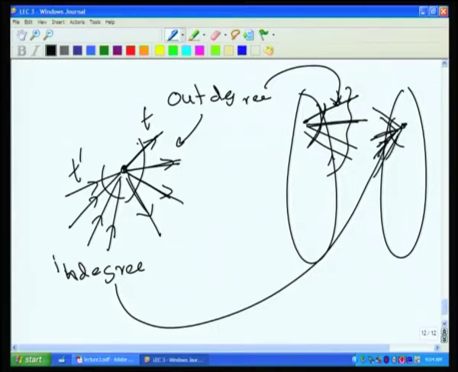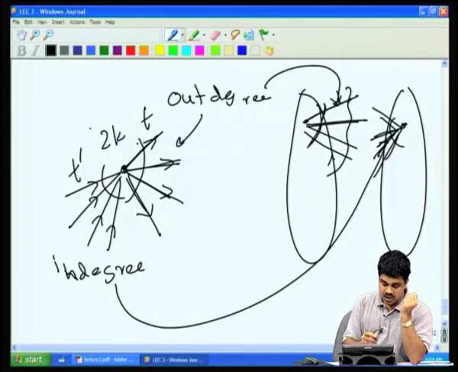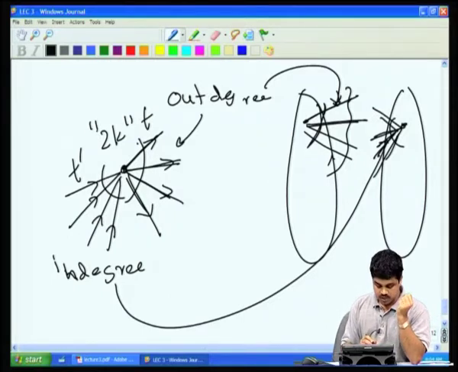Of course, if you want it regular, then this out degree has to be equal to in degree for each vertex. For a given vertex the total is going to be 2k, because the original graph has exactly 2k edges incident on each vertex. So if out degree equals in degree, it has to be k and k each.